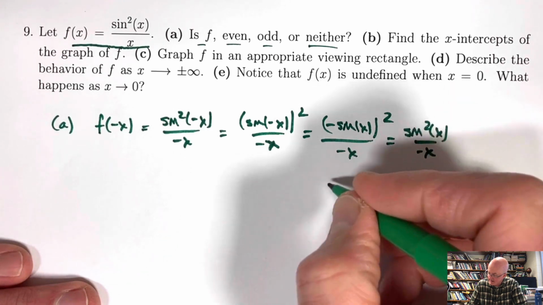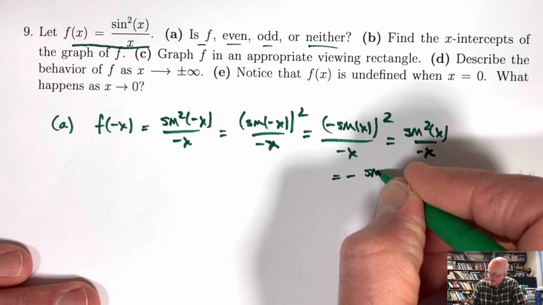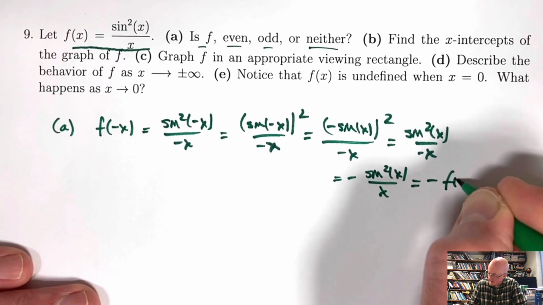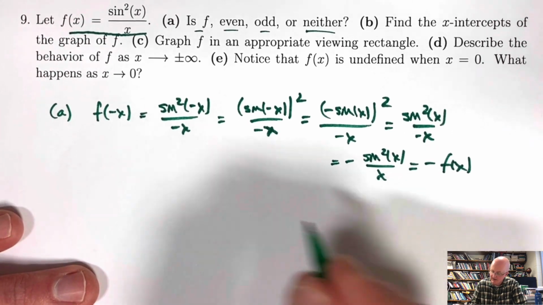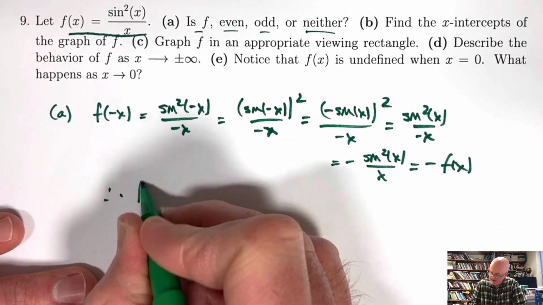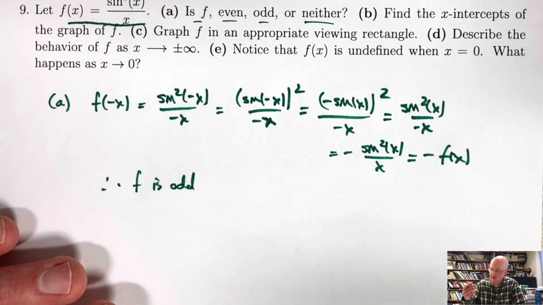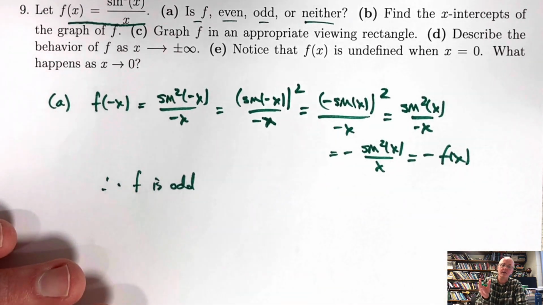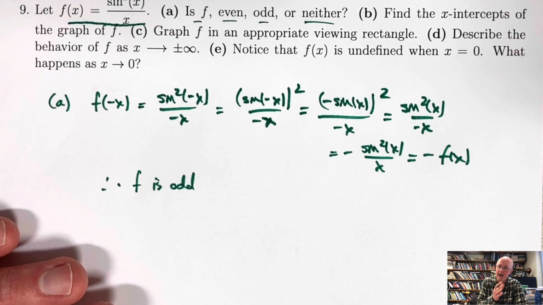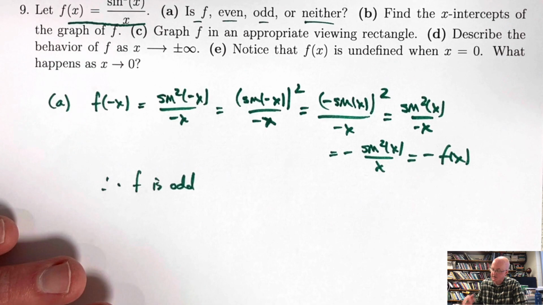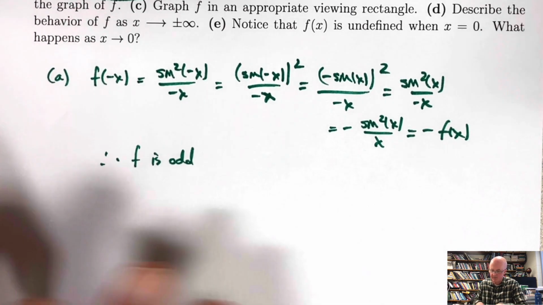In other words, negative sine squared x divided by x, the opposite of our original function. That's enough to say, therefore, f is odd, and its graph is going to have what's called origin symmetry. If I graph the part to the right of the y-axis where x is positive, I can get the part to the left of the y-axis where x is negative by reflecting each point through the origin. It's a little tricky, but we'll see it in the graph.